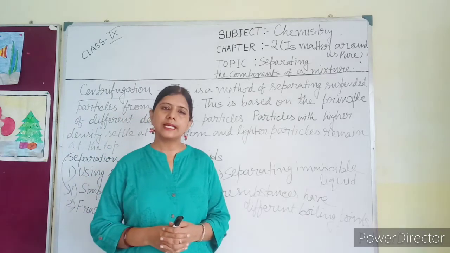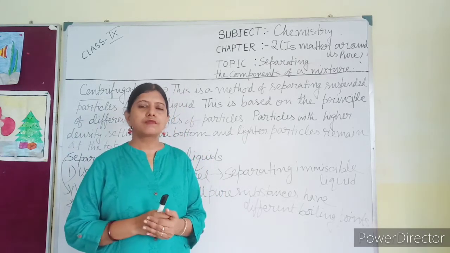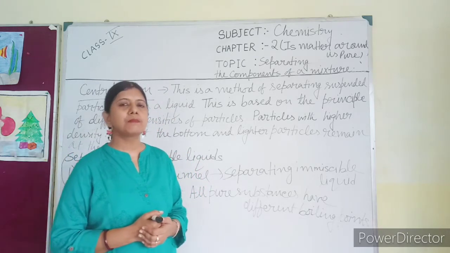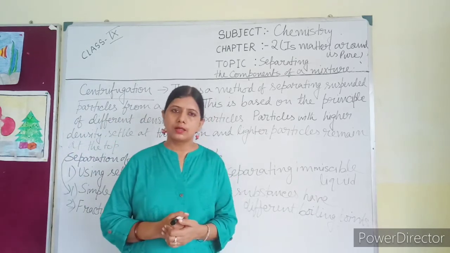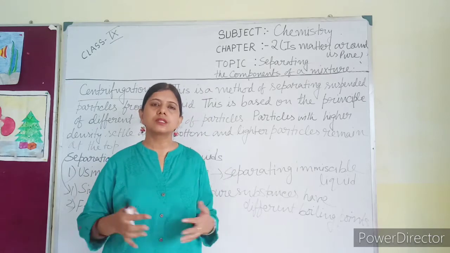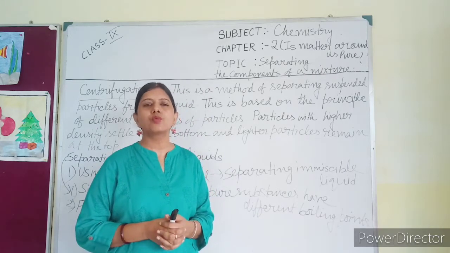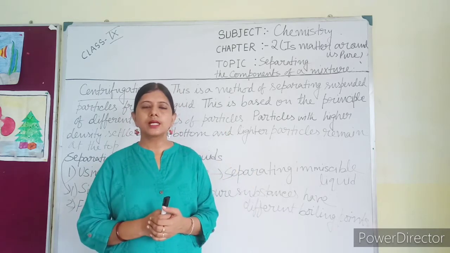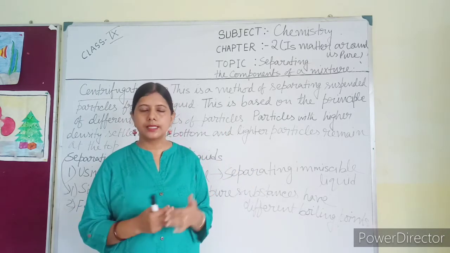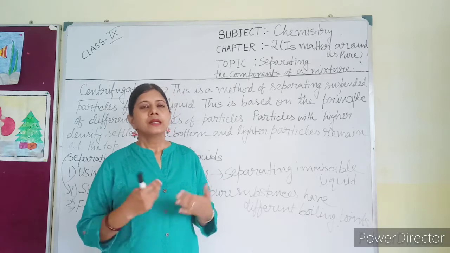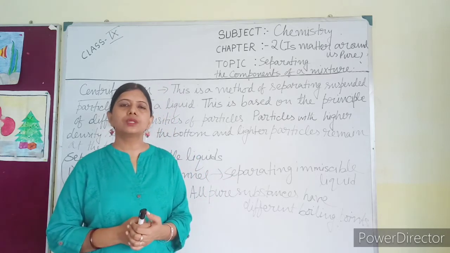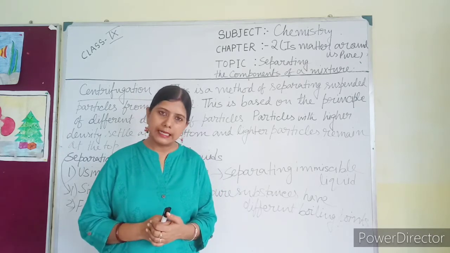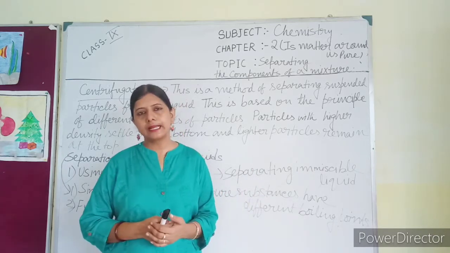All different materials or pure substances have different boiling points. So suppose I am taking a mixture of two liquids which have different boiling points. Example, acetone and water. The boiling point of acetone is 56 degrees Celsius and water is 100 degrees Celsius. The mixture is taken in a closed container. Then I start heating. Definitely the liquid which has the low boiling point will change into vapor earlier than the second one.